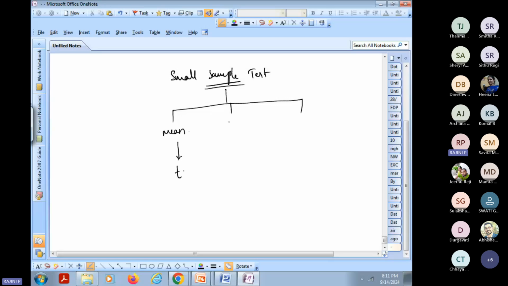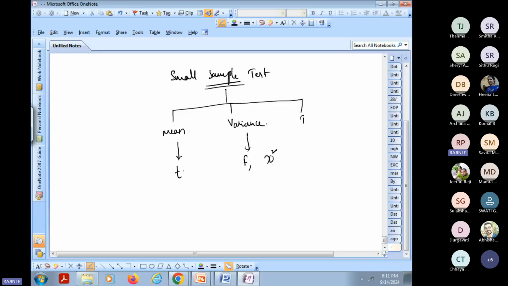If you want to test through the variance, whether the samples belong to the same population or not, then we go for F test or chi-square test.